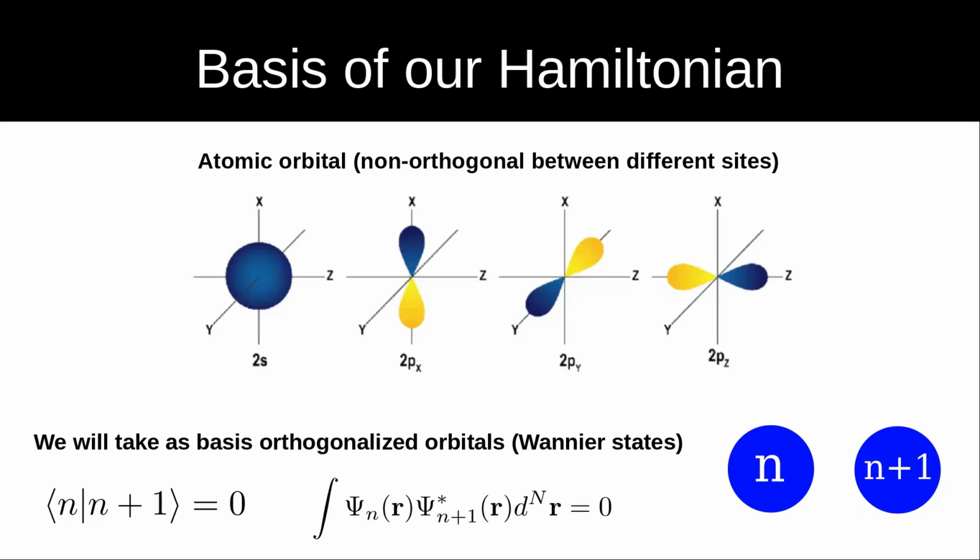This is just an assumption that can be performed systematically using something called linearization that we will discuss during the contact session. So the idea is that we take this orthogonal basis, and in this orthogonal basis, we will write our Hamiltonian.